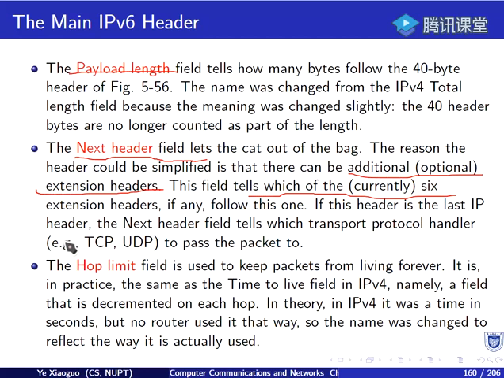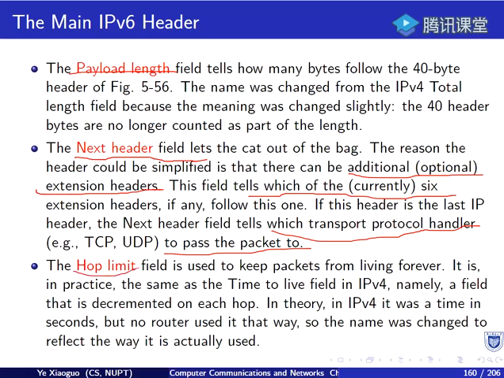If this header is the last IP header, the next header field tells which transport protocol handler to pass the packet to. So the next header indicates which transport protocol handler to pass the packet to.